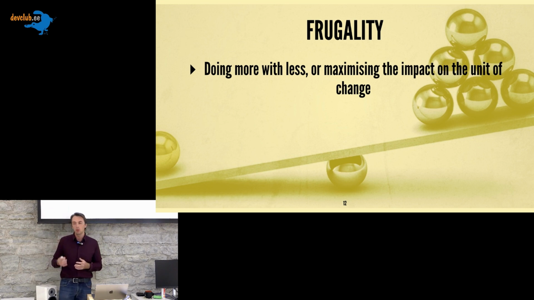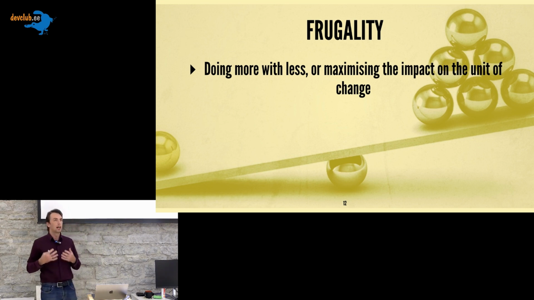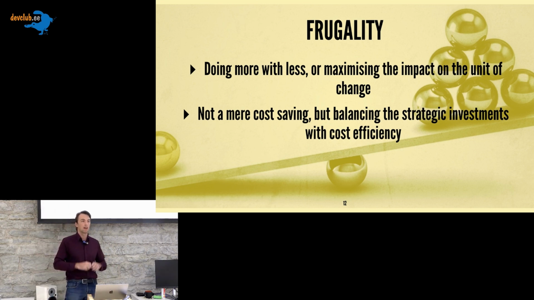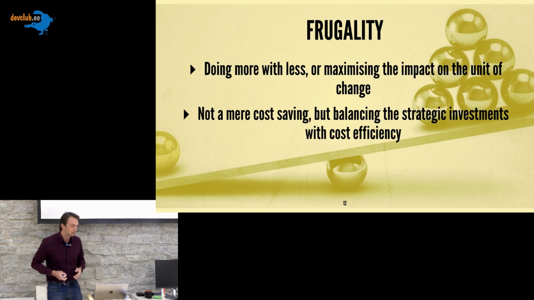So whatever you do, you need to understand that it brings the most impact that you can put the effort in. So this is not a mere cost saving, but you balance cost efficiency with situations when you can make a strategic investment, putting a relatively big amount of money and effort in the thing that will have a big impact.